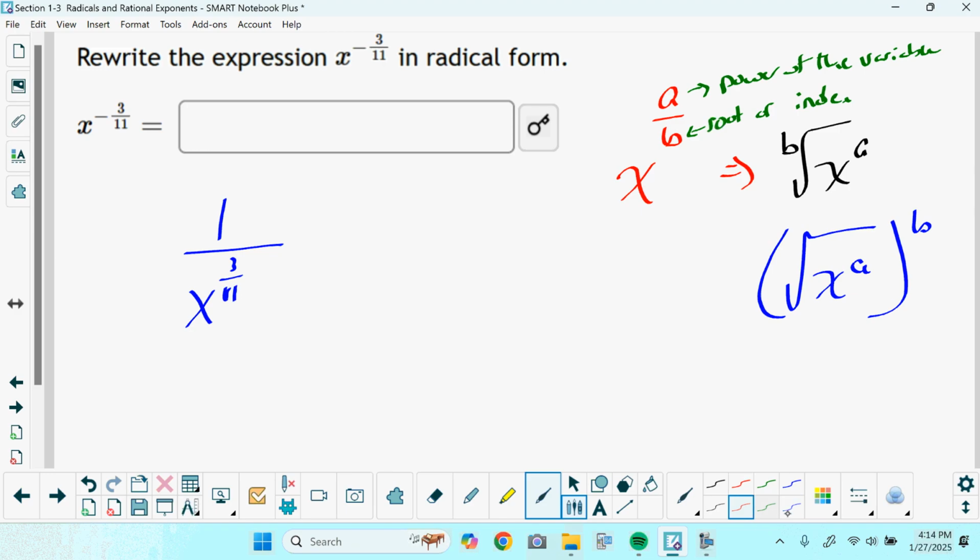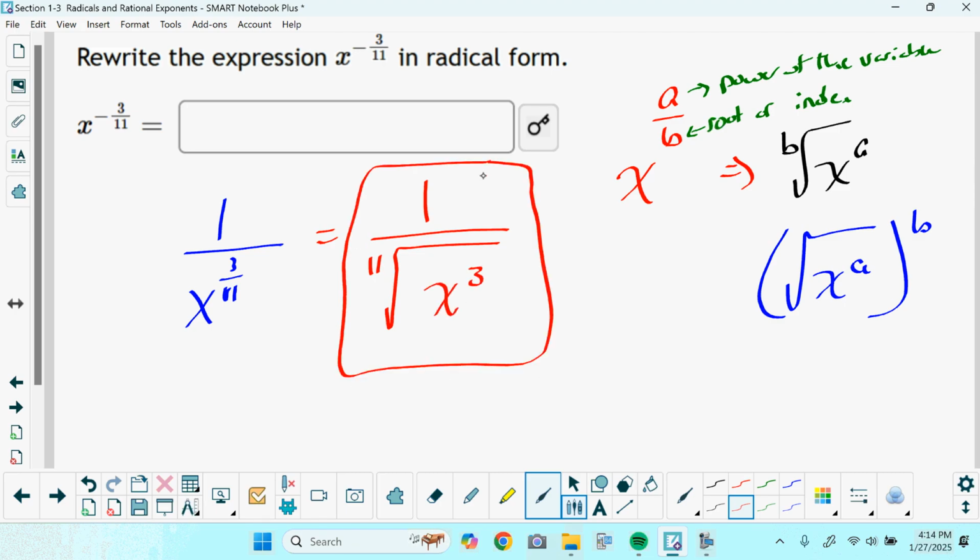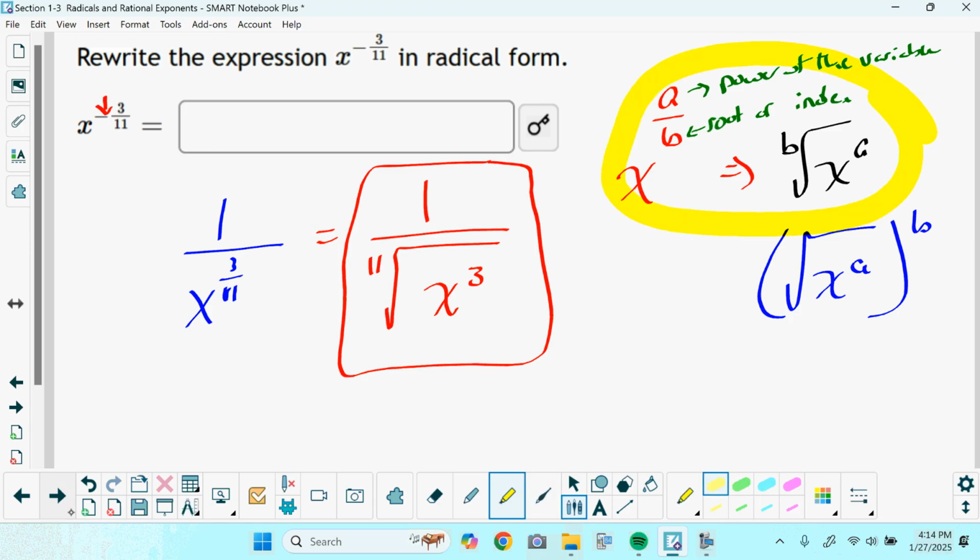Now we have x to the 3 over 11, and that's 1 over the 11th root of x cubed. The negative moved it from the top to the denominator, so that's the negative power rule, and then we just converted it based off of our conversion.